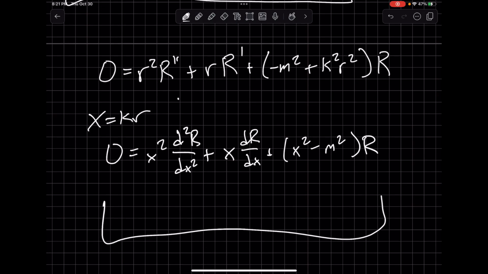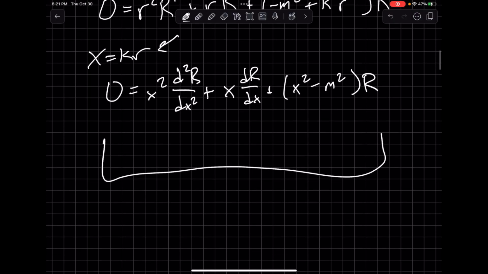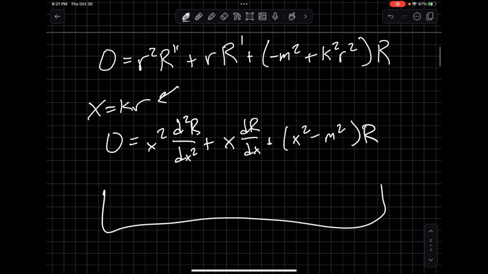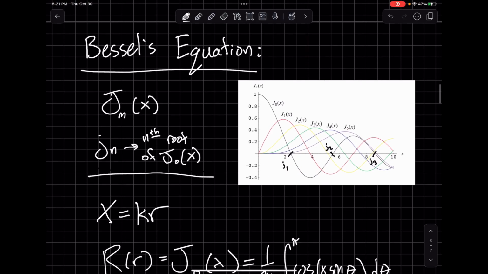And so making the substitution x equals kr here, we can make this equation into this form: 0 equals x squared times d squared R over dx squared plus x times dR over dx plus x squared minus m squared R. And this is of the form known as the Bessel equation. And so Bessel's equation, J sub m of x, there's some graphs.